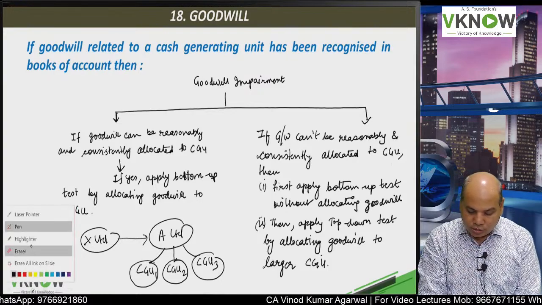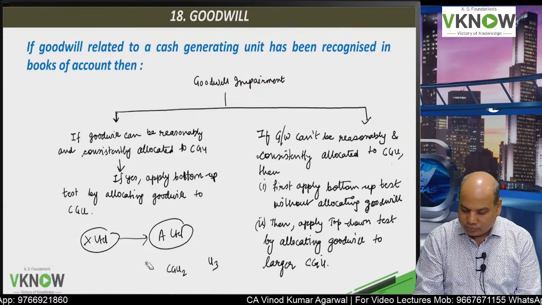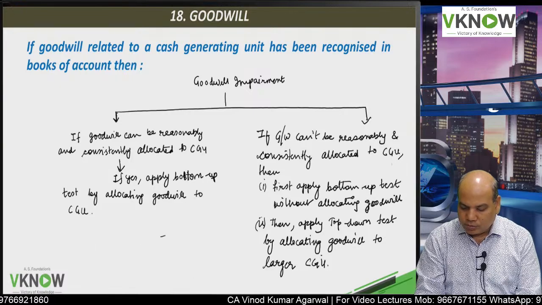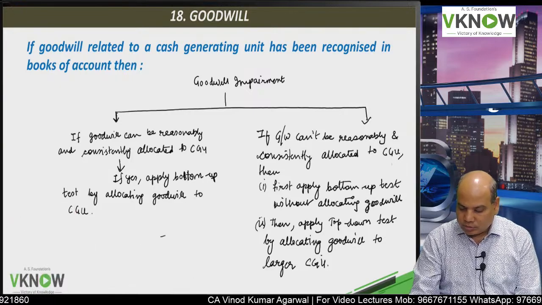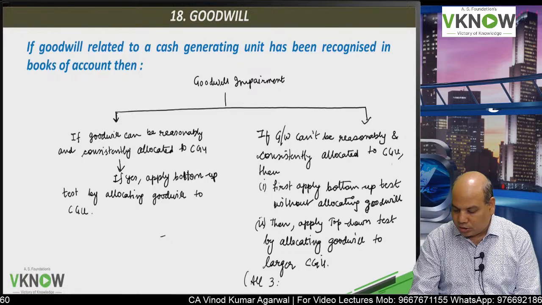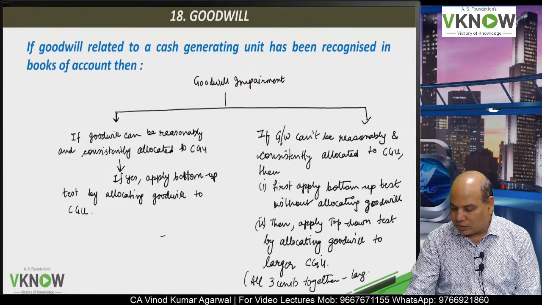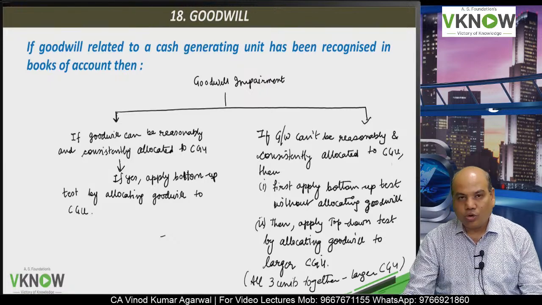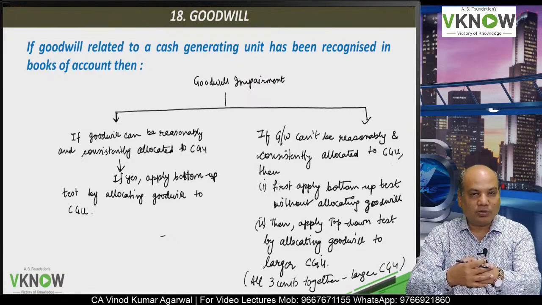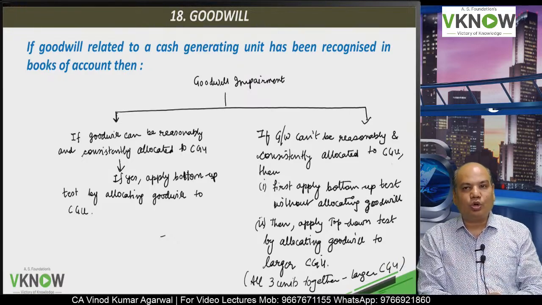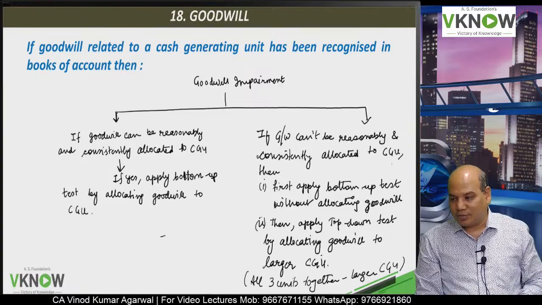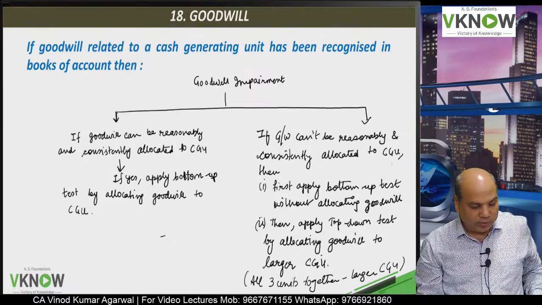But if goodwill cannot be allocated to them, then all 3 units together will be called larger CGU. So all 3 units will become one now, and goodwill will be allocated to all the 3 together, right? So that is about goodwill impairment.